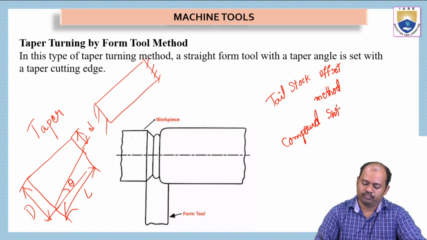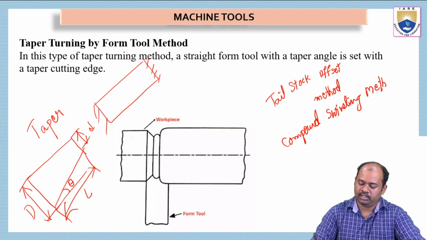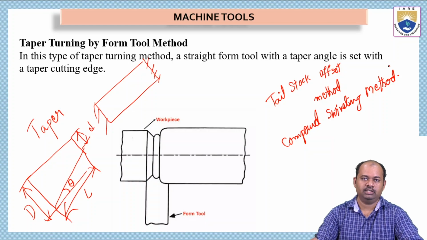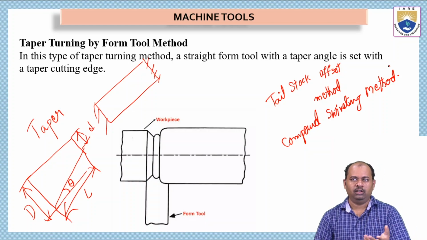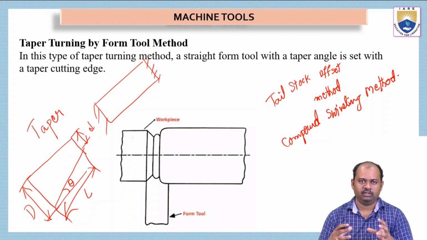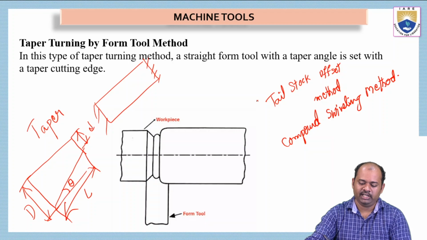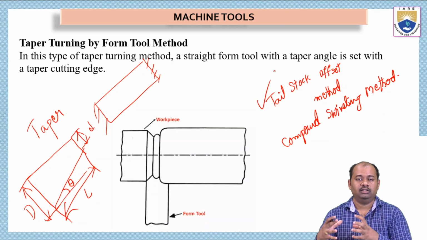By now we should be knowing what these terminologies are, because we have been studying these processes and terminology for the last few lectures related to the lathe machine. Tailstock is the object that is placed on the bed of the lathe machine, which is used to support workpieces. But in the tailstock offset method, the tailstock has a very particular application.